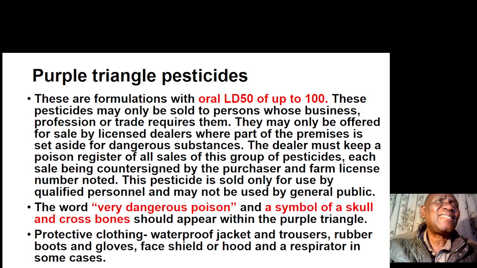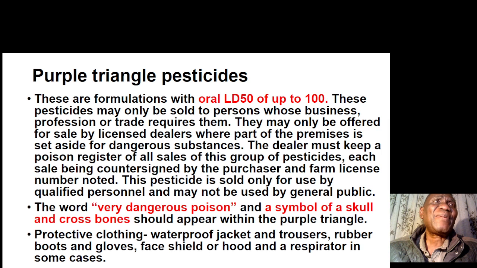These pesticides may only be sold to persons whose business, profession or trade requires them. So they should not be sold to any person. They may only be offered for sale by licensed dealers, just like the other pesticide.